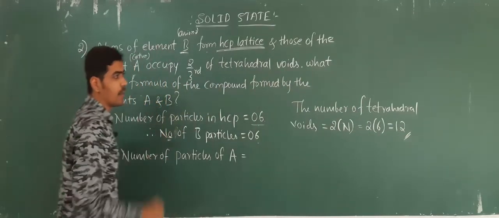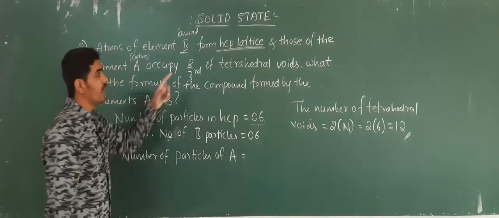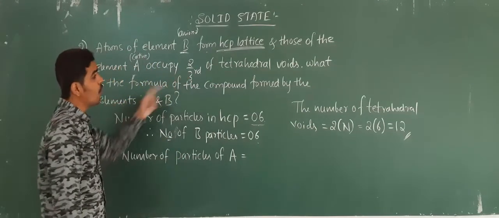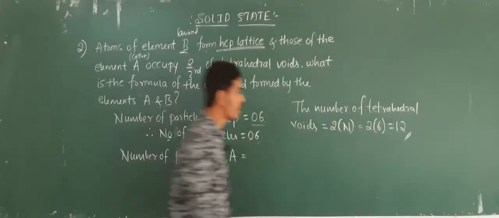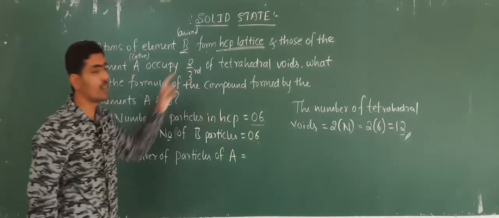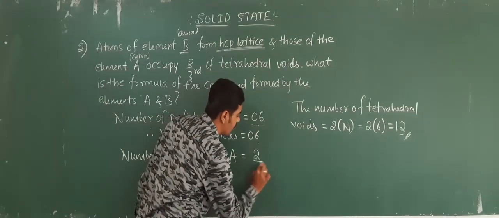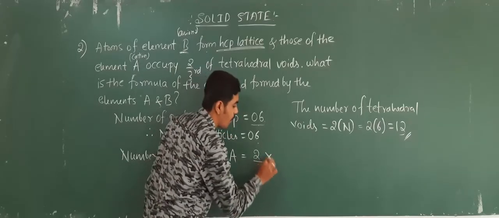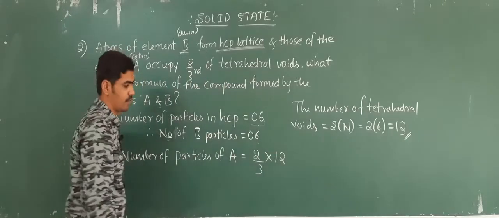And since the number of tetrahedral voids is 12, but A will occupy only 2/3 of tetrahedral voids, it won't occupy all of them. Therefore the number of particles of A will be 2/3 of 12.